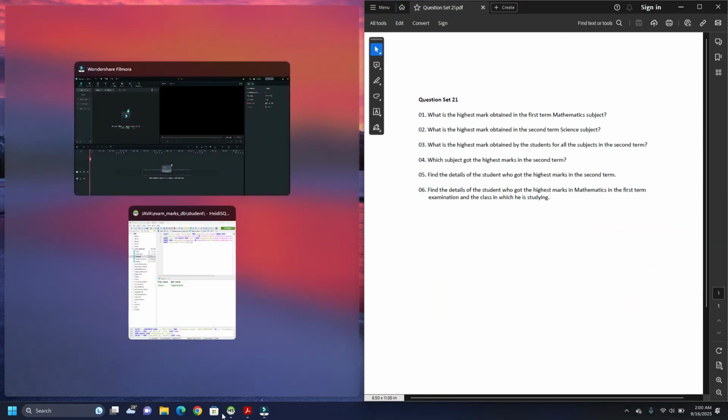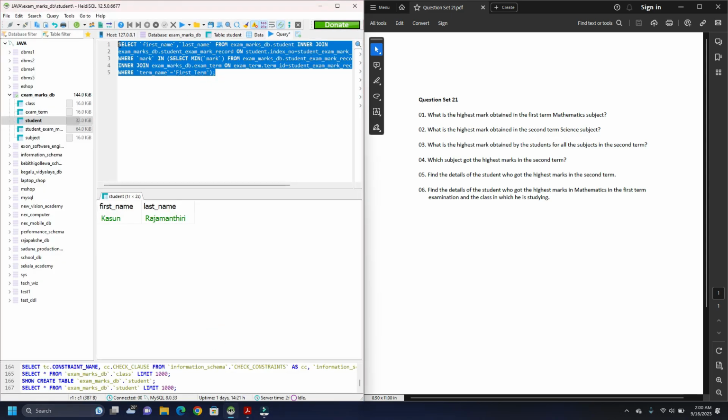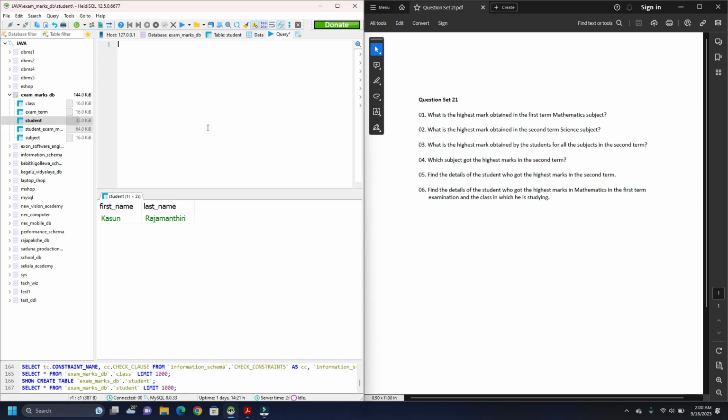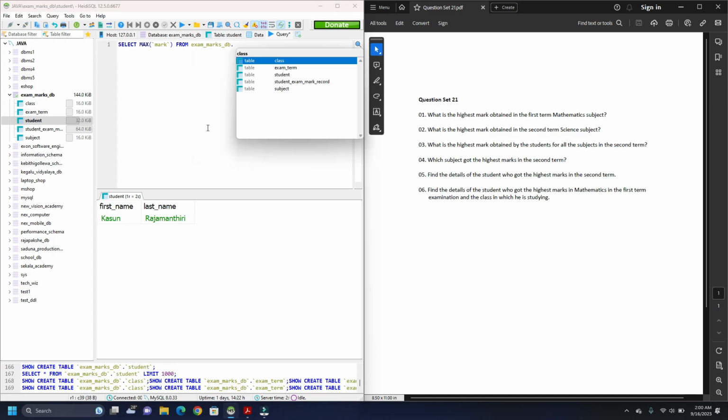So let's go ahead and open up IDSQL. Here you have to write select, and to find the highest mark we have to use max, and then we select the column mark, and we are selecting it from the student exam mark record table.